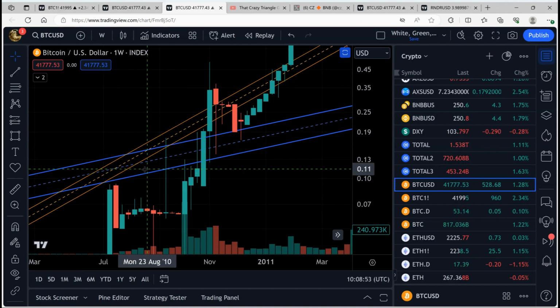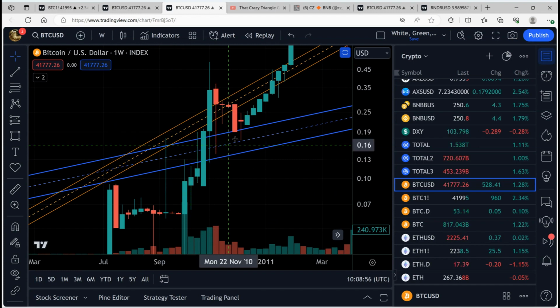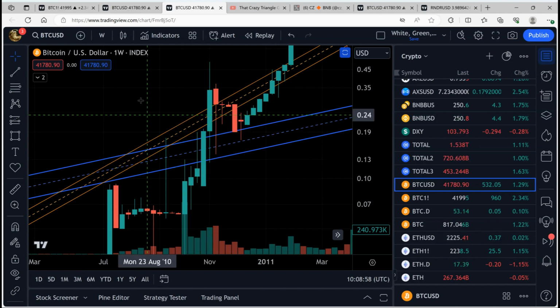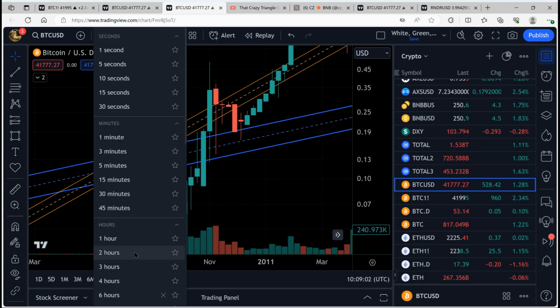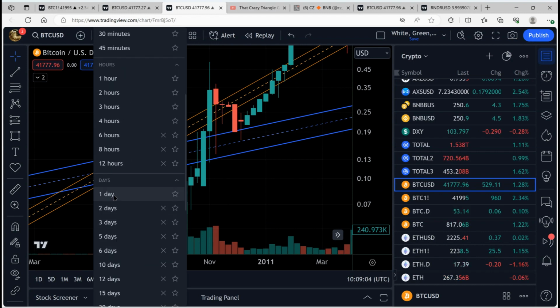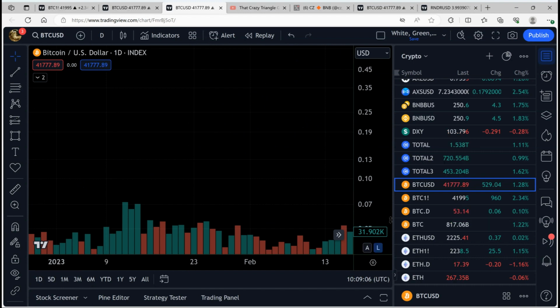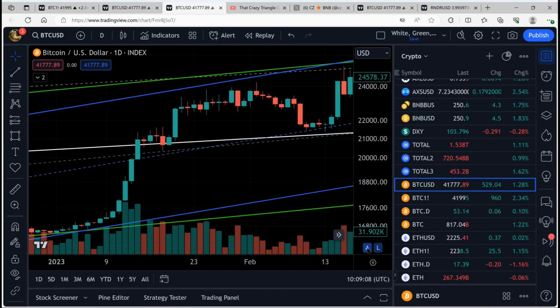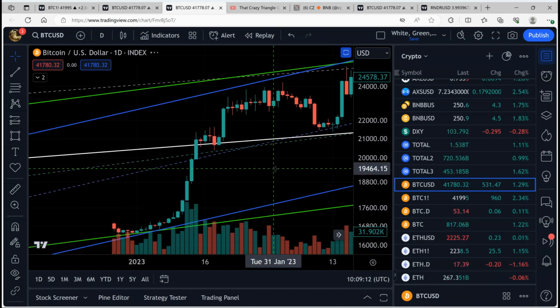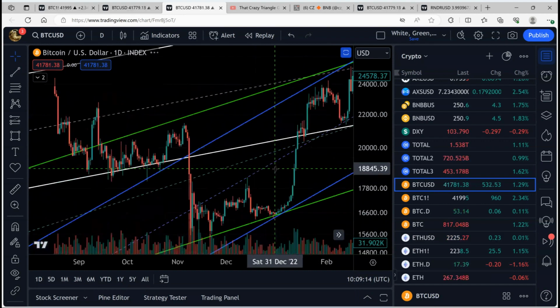And now, I wonder if I can get a daily this far back. Should be able to. Yeah, look at that. Okay, so you don't see the price action.